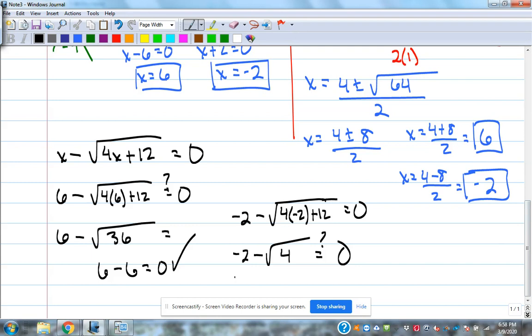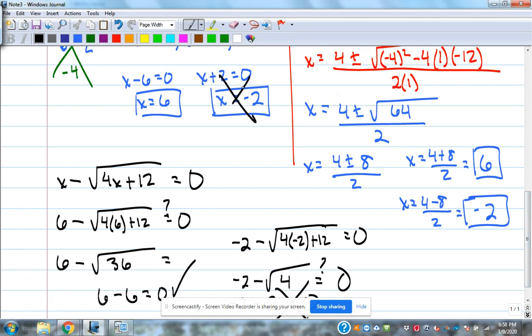What's the square root of 4? -2 minus 2. Does that equal 0? No, -2 minus 2 would be -4. That does not equal 0. So -2 is an extraneous solution. So it is not an answer. That's extraneous. E-X-T-R-A-N-E-O-U-S. Extraneous solution.